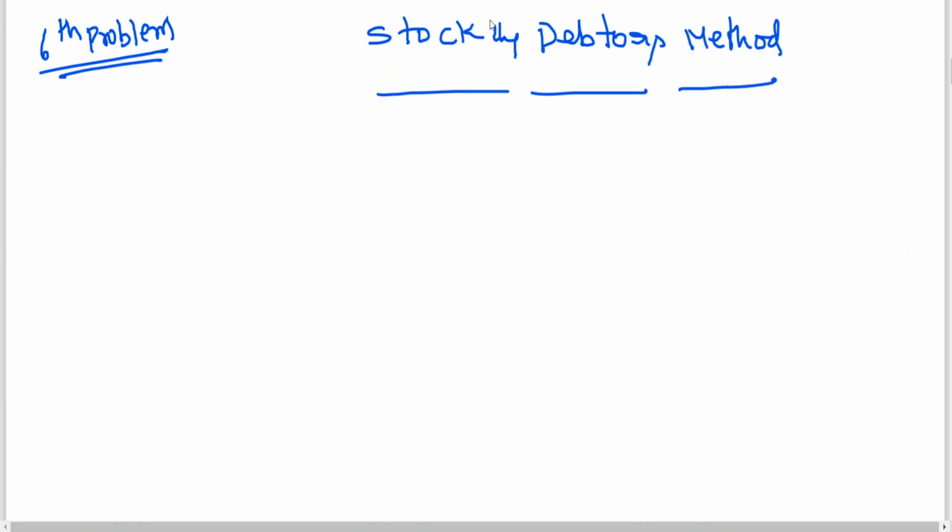Stock and debtors method is asking us to open first which account? Branch stock account. In the examination, don't write stock and debtors; it is for you to understand. I am writing in the books of head office.